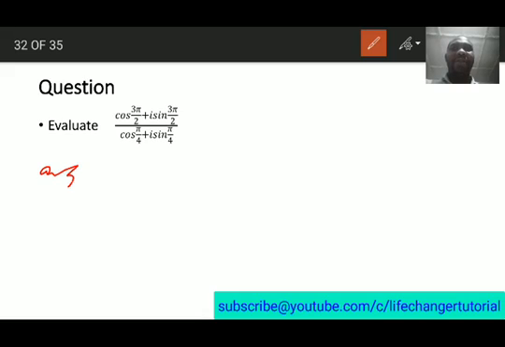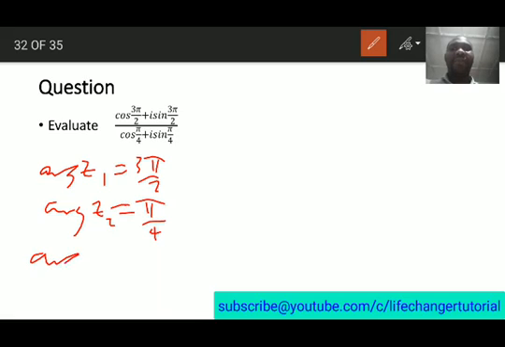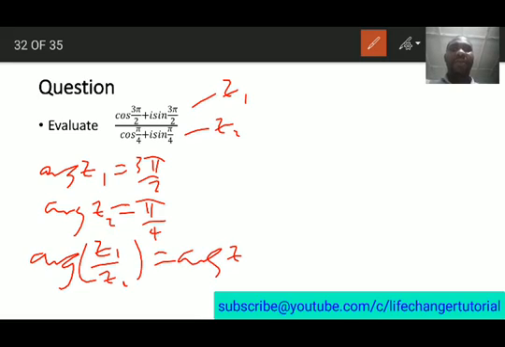What is the argument of z1 here? We can call that 3 pi over 2. The argument of z2 here is pi over 4. If I want to find the argument of z1 over z2, remember we are calling this z1 and we are calling this z2. Argument of z1 over z2 will be argument of z1 minus argument of z2.